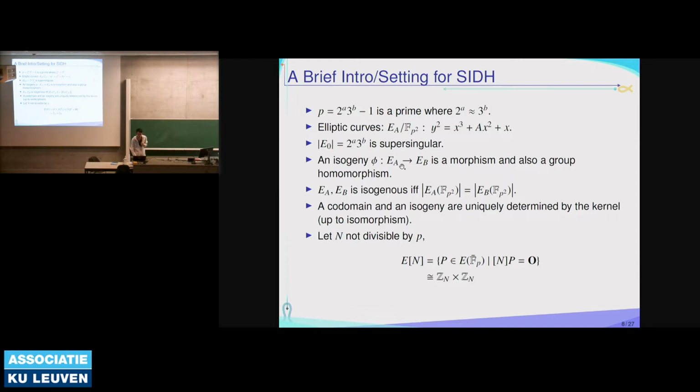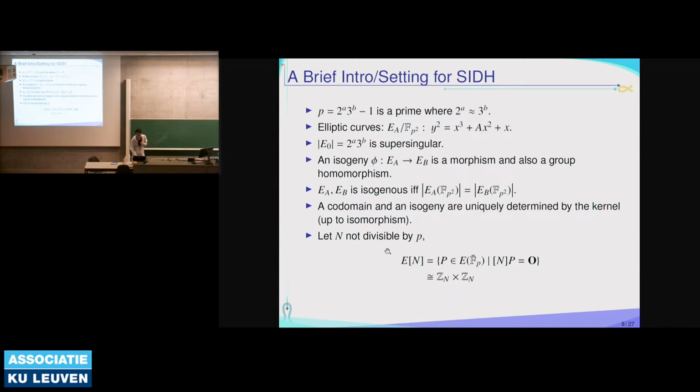And an isogeny between these two curves is a morphism and also a group homomorphism between these two elliptic curves. And there's a proposition that if two curves are isogenous, defined over F_p^2, then the group orders are the same. And a codomain and an isogeny are uniquely determined by the kernel up to isomorphism.